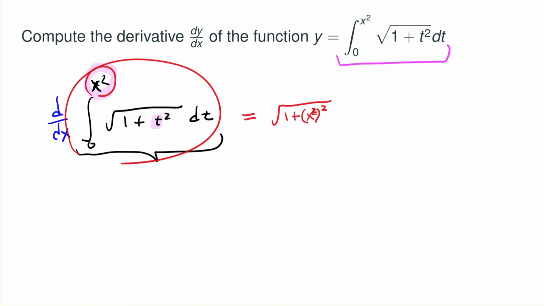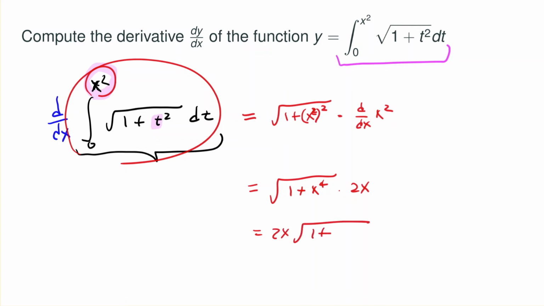And because this is not x, it's x squared, we have to apply the chain rule. So we have to multiply by the derivative of x squared. So we get the square root of 1 plus x to the fourth times 2x. Or we can rewrite it as 2x times the square root of 1 plus x to the fourth. So this is the final answer, the derivative of this function right here.